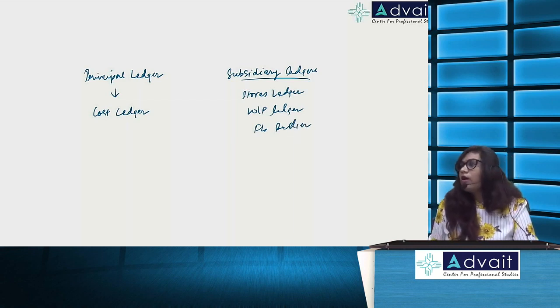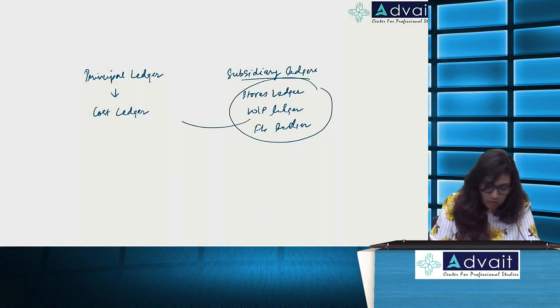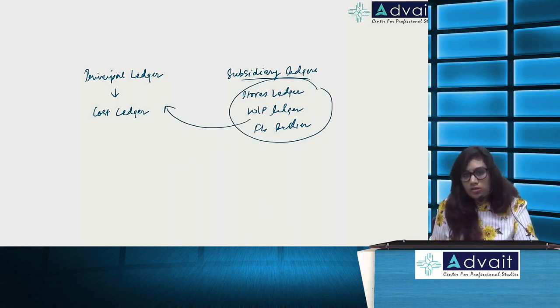I may have expenses ledgers, correct? They are all my subsidiary ledgers. So on a summary basis, I post all my transactions from here to here in the cost ledger.